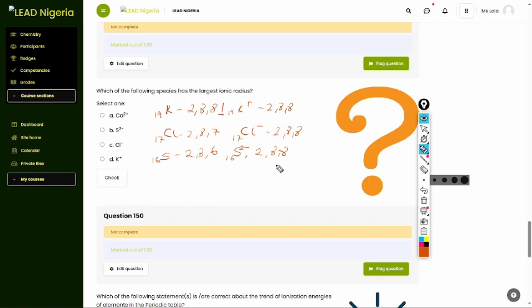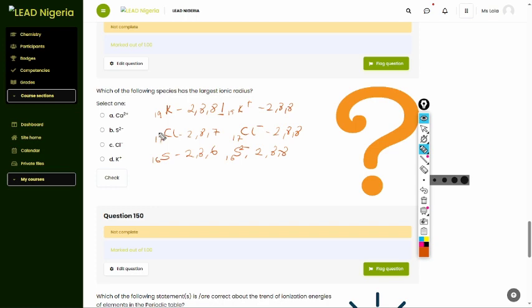So sulfur and chlorine are in the same period, but they're in different groups. So in different groups across the period, ionic radius decreases, which means chlorine would have a larger ionic radius than sulfur. Okay, that's a better explanation for that.